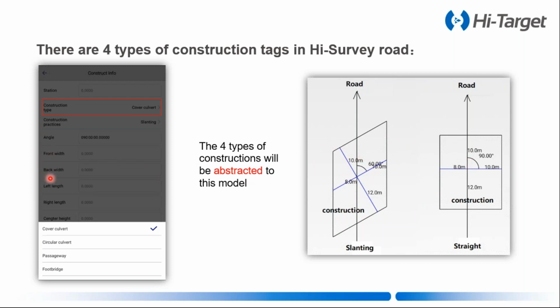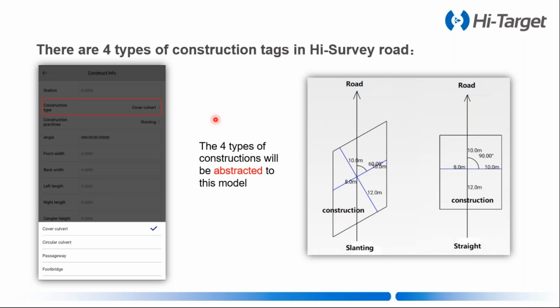All the parameters we need to input are the same. But for this mode, we have the straight one and the slanting one. The straight one means the X of this construction is perpendicular with the road. You can see.